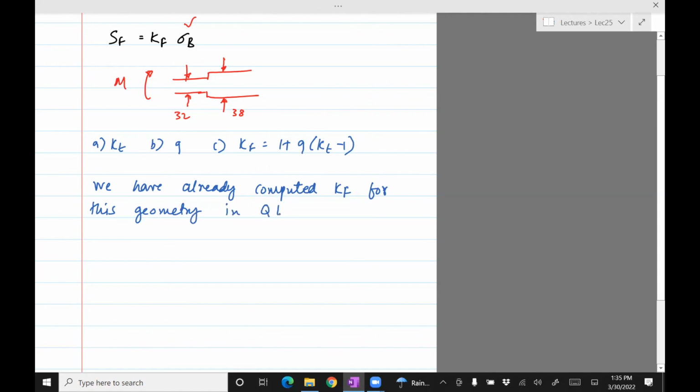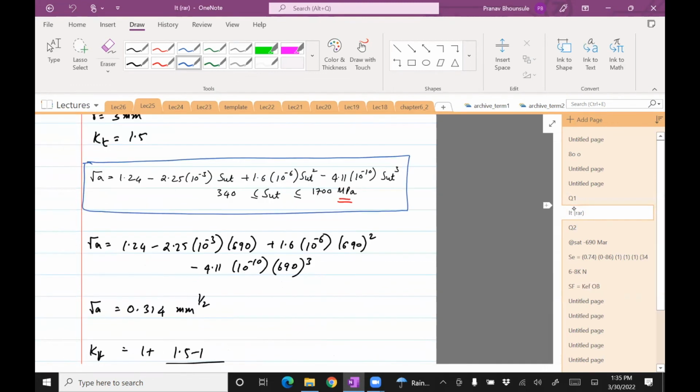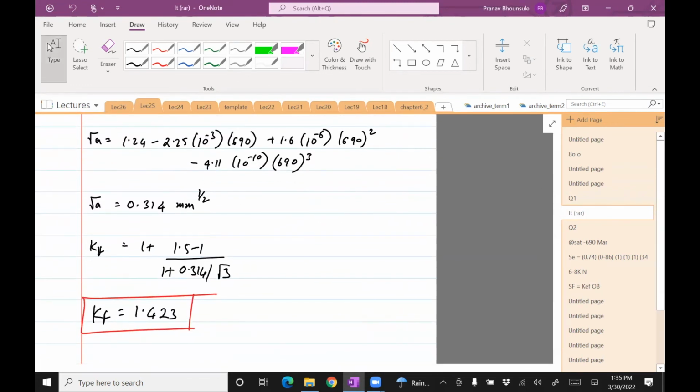Let's save us some time. I just read it off. So Kf was right here. I got 1.425 using one method, and then I got 1.423.